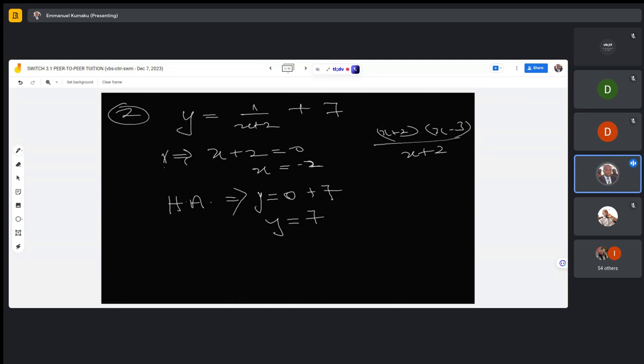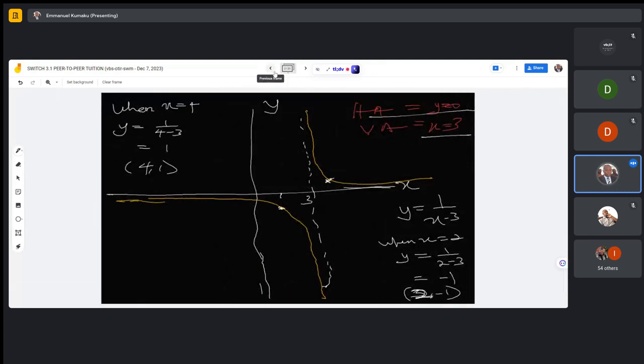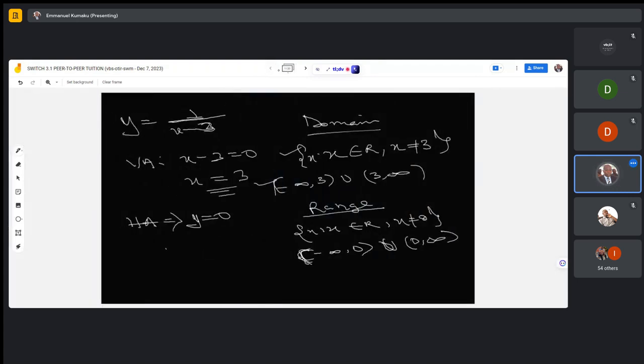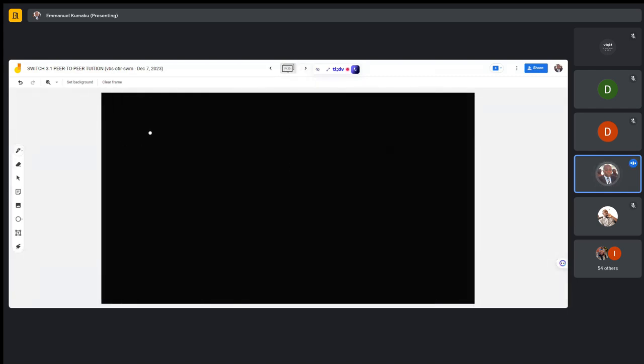The rules of finding horizontal asymptote, I'm going over again. When it comes to horizontal asymptote, there are 3 cases. Case 1, when the expression is bottom heavy, or otherwise a proper fraction.